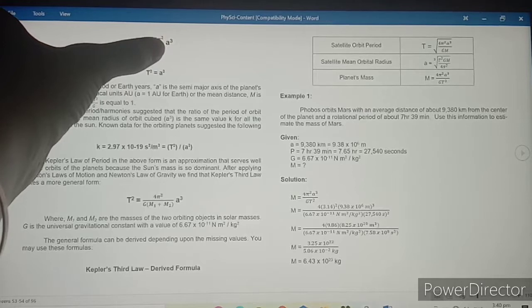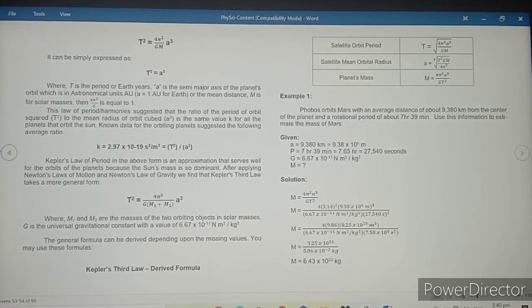And we have here a cube. So a stands for the semi-major axis of the planet's orbit. So it is simply expressed as T squared equals a cube.